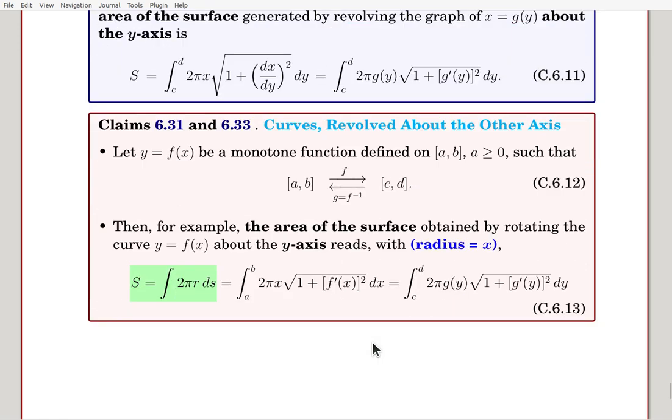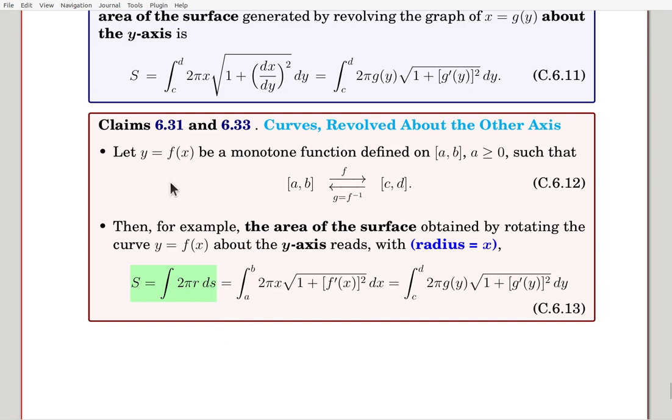Now, the main idea of surface area computation is 2 pi r ds. That is the main formula. Surface area can be obtained with that formula.